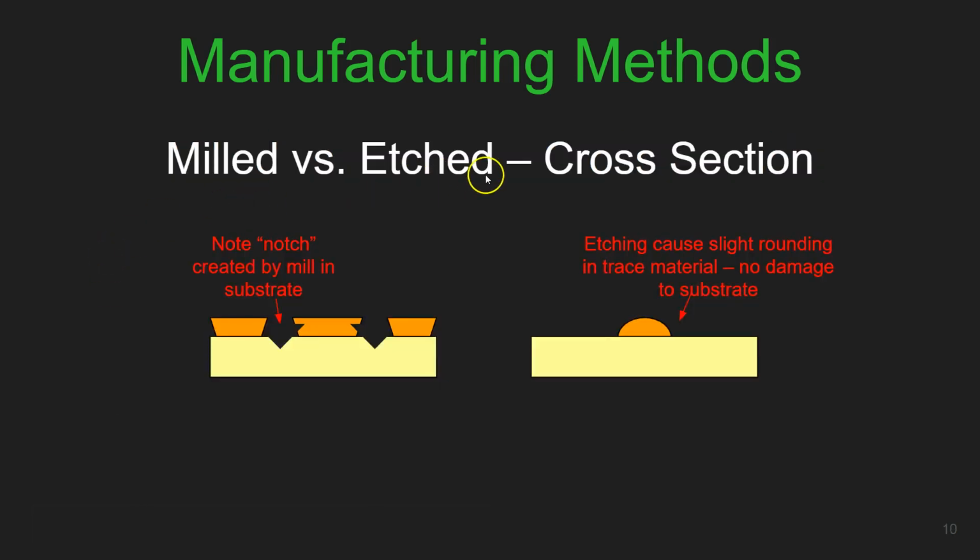So, milled versus etched cross section. This picture basically shows how the PCB designed by the milling process has notches, like here you can see. Whereas if you go for an etching process, then it will cause slight rounding in trace material. However, there will be no damage to the substrate.